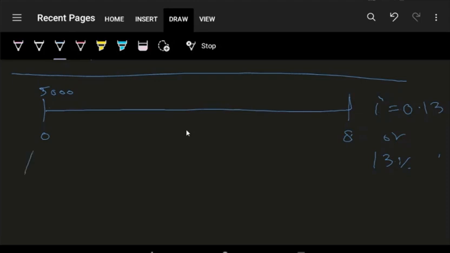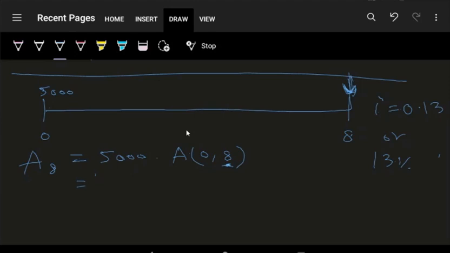So the accumulated amount at this 8th time period, let me write it as A8, will be 5,000 into the accumulation factor a(0,8), because the accumulation factor when multiplied with the capital gives me the accumulated amount at time period 8.